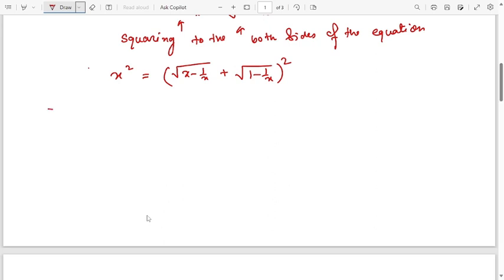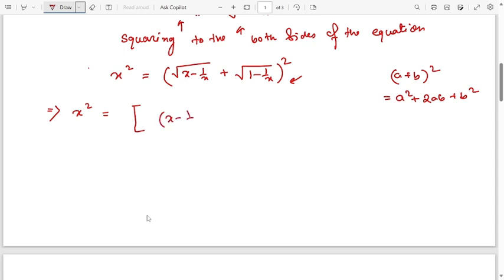So now we are going to simplify this one. x square equals, so before simplifying, we need to know the formula. What is a plus b whole square? This is a square plus 2ab plus b square. Okay, so now we are going to use that formula.